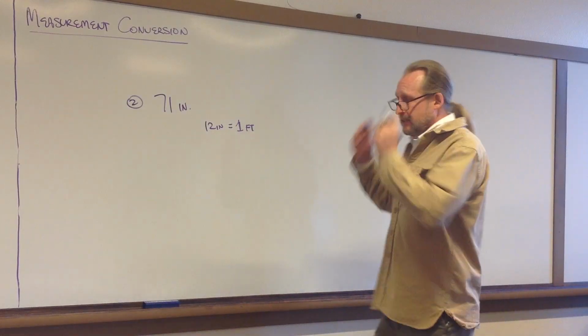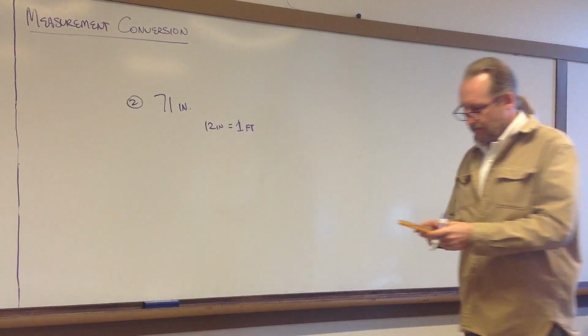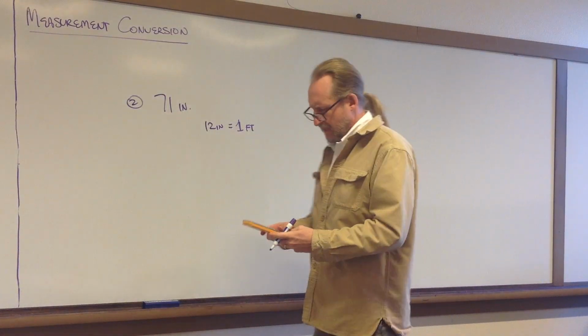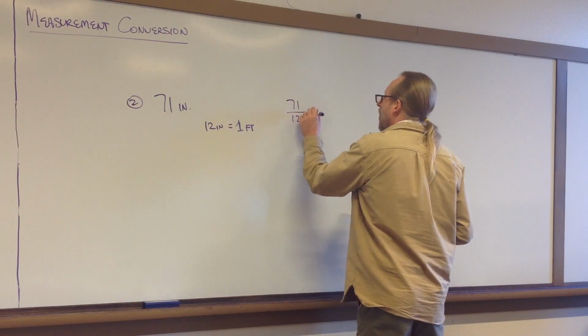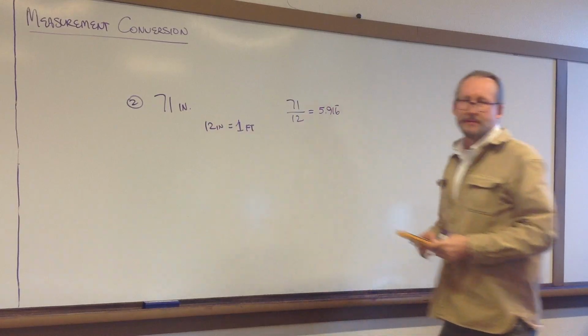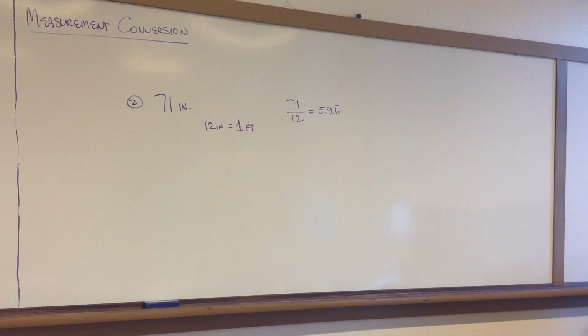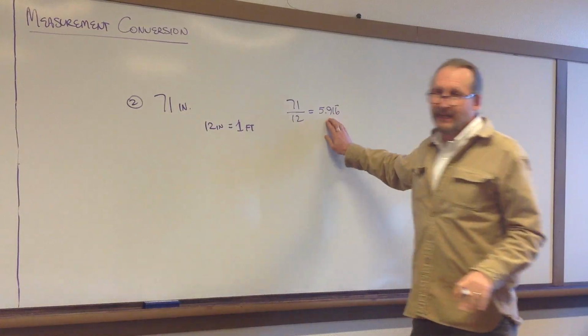Now, this has its difficulties. Let's see what happens if we do 71 divided by 12. We get 5.916 repeating. Now, the problem doesn't ask for this answer right here.